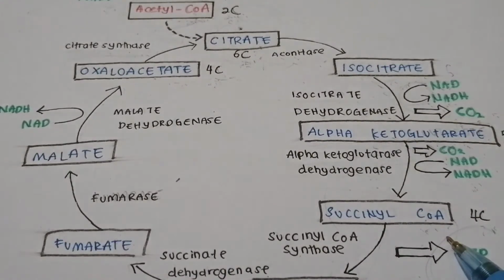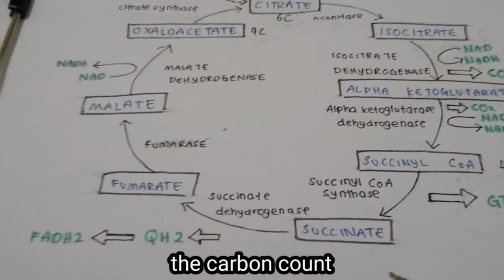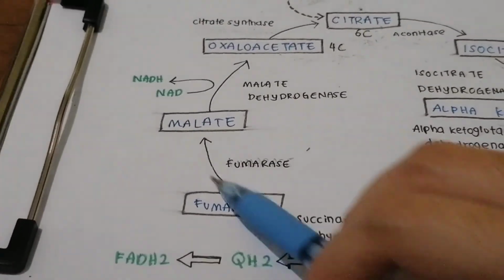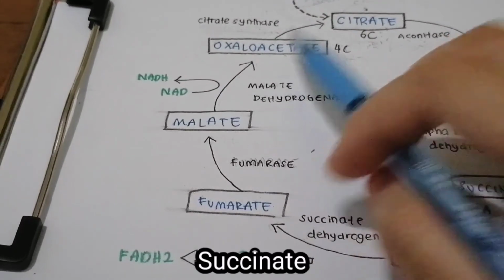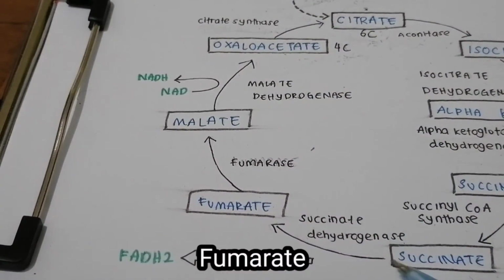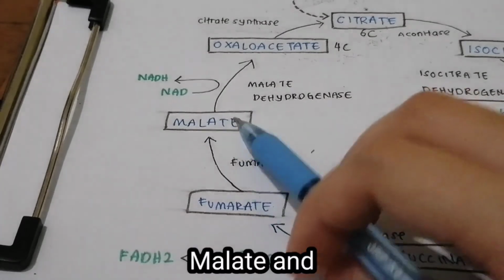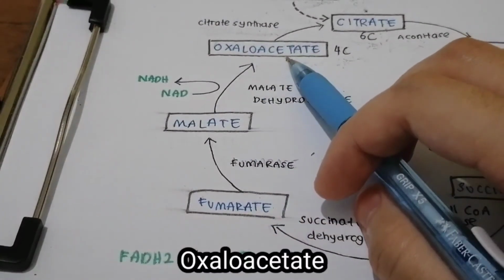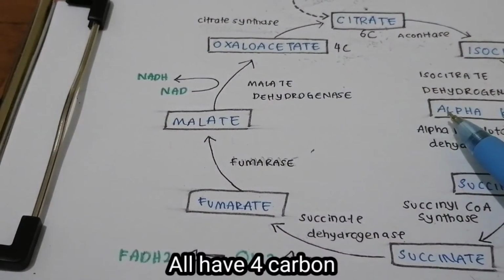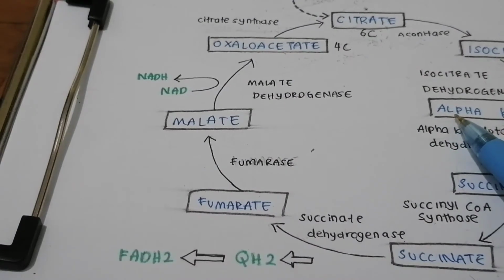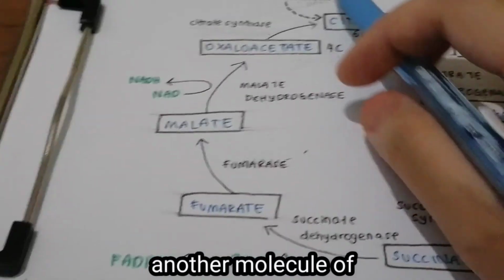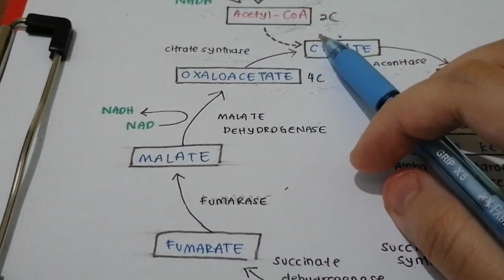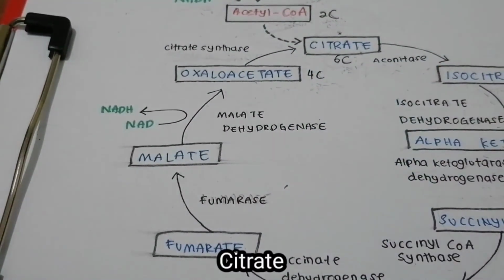From here onward, the count remains the same: succinate, fumarate, malate, and oxaloacetate all have 4 carbon until oxaloacetate combines with another molecule of acetyl-CoA to form citrate.